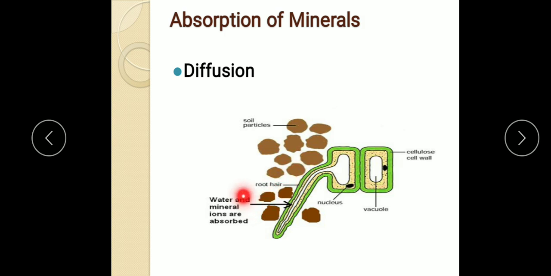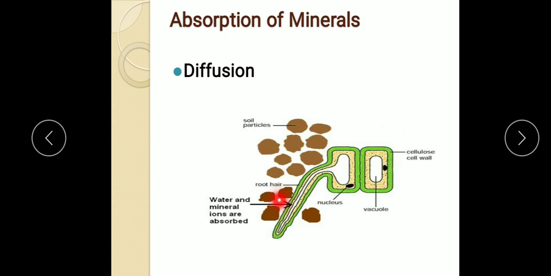Rest of the things are same, but in osmosis we have studied the semi-permeable membrane. In diffusion, a semi-permeable membrane is not necessary. Diffusion can take place from one part of a solution to the other part also, because it is the movement of mineral or salt molecules, so it does not require a semi-permeable membrane.